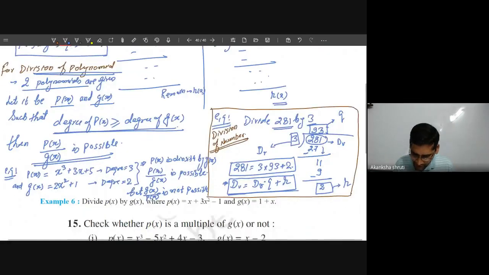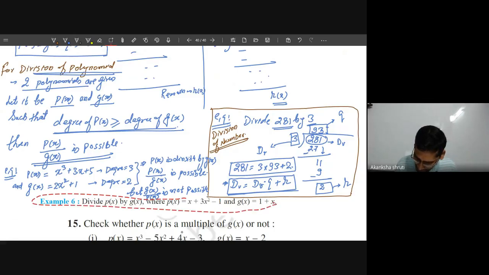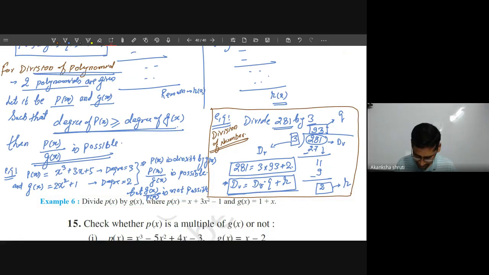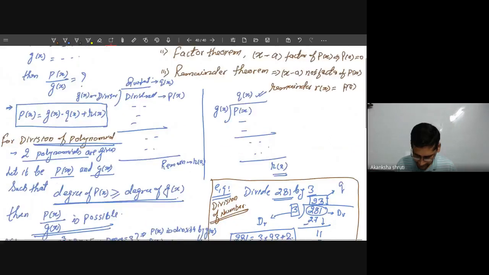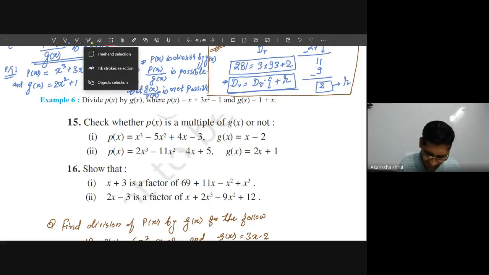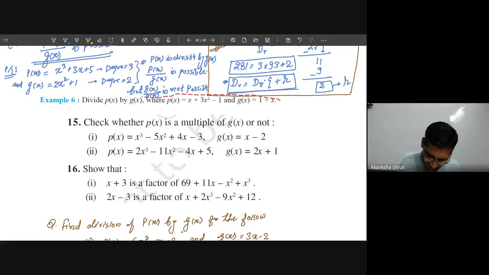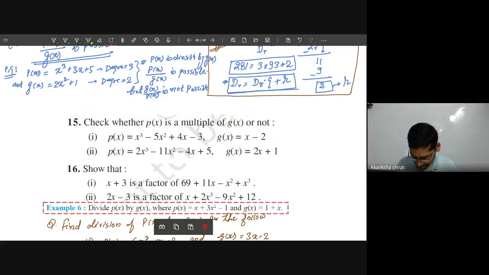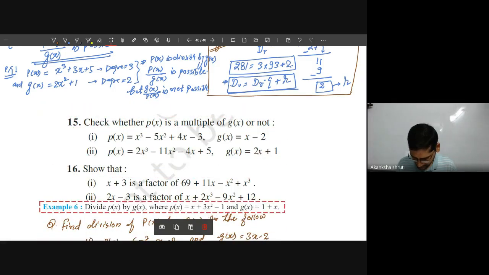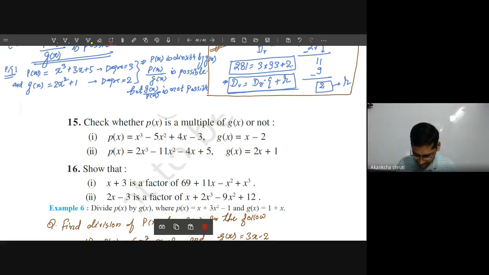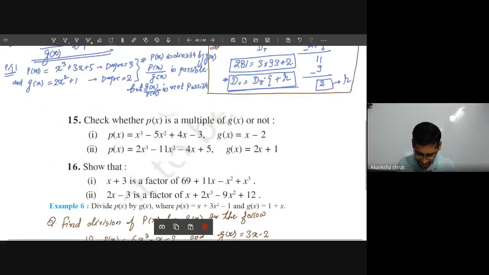So student, it is very important to understand that division is possible only if the two polynomials satisfy the degree condition.